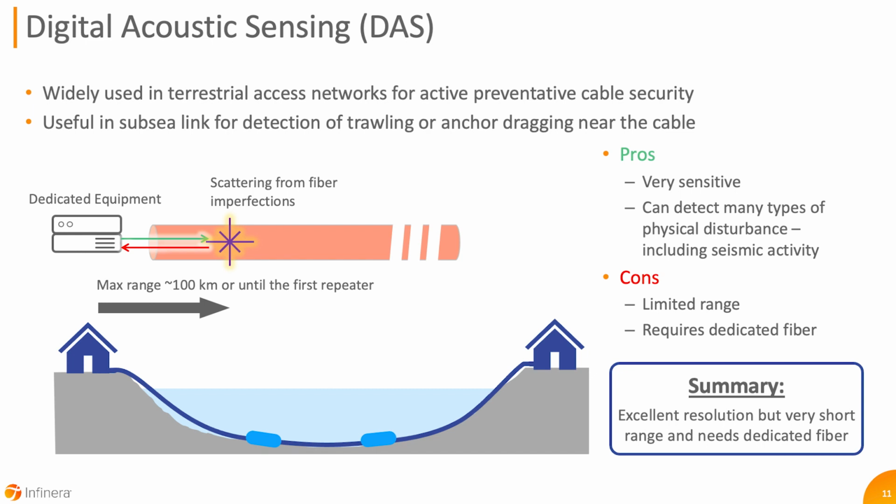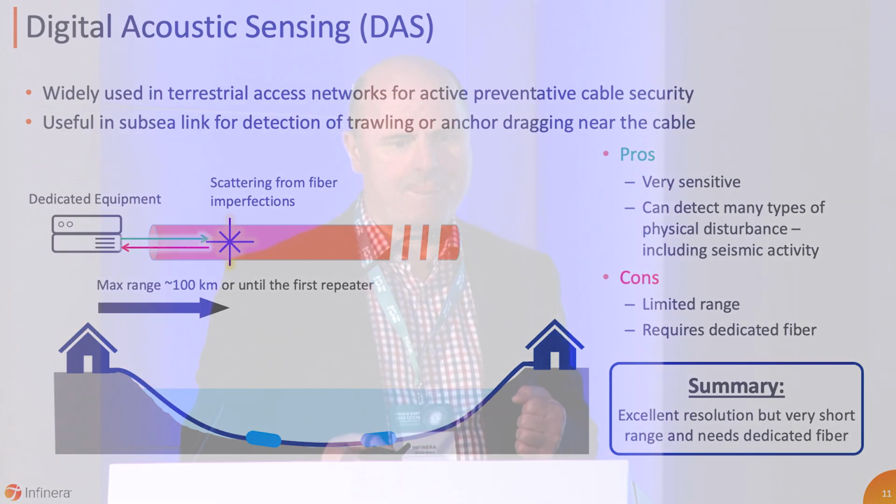The way it works is it's basically a reflectometry, OTDR type of function. It uses a very high power laser, and then detects and measures the signal behavior from the reflections.